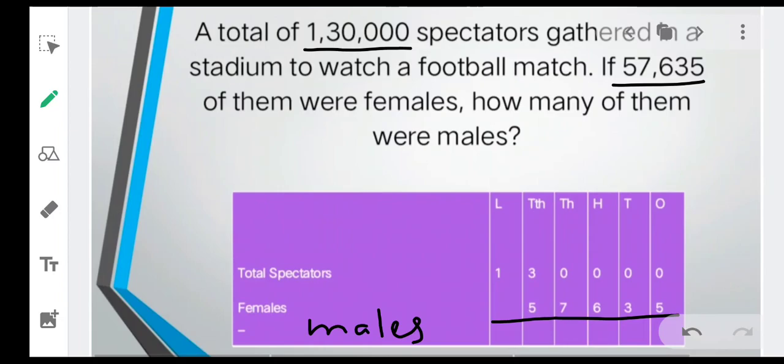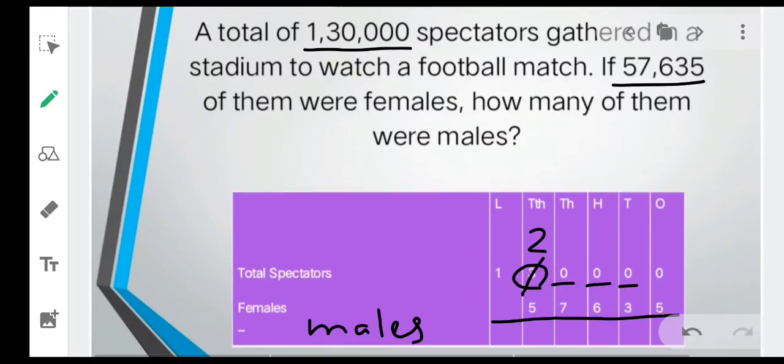So here we go to the 1,000 column, but it is again 0. 100 column 0, 10,000 column, and here we get 3. So we subtract 1 from there, and 3 minus 1 becomes 2.